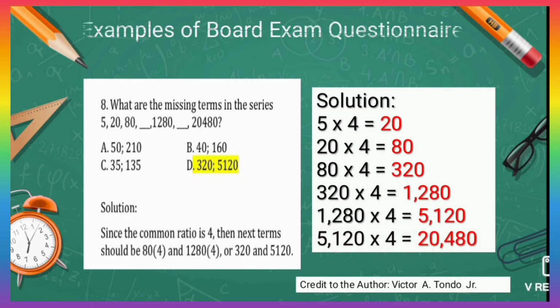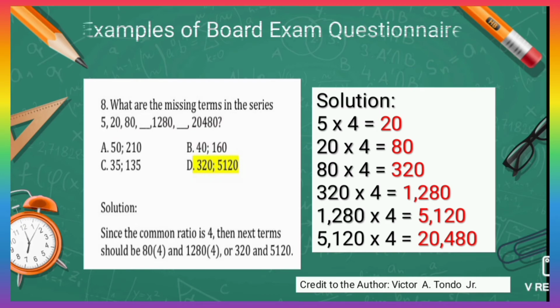So, maswerte ka na kung sa board exam ay ganito lang yung questions. Kumbaga, hanapin mo lang yung ratio, kung ilan yung ratio niya, and then i-substitute or i-apply mo lang doon sa mga first term papunta sa last term. Natandaan ko during the day of the board exam, nag-take ako, ganito lang yung klase ng question niya.